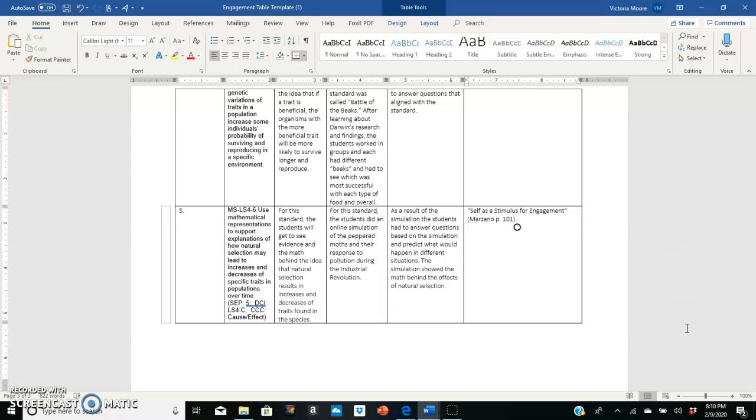So the students did an online simulation of the peppered moths during the Industrial Revolution in Europe, and as a result of the simulation, the students had to answer questions and predict what would happen in different situations. If there were no predators, would the moths change colors? Would the colors of the population of moths change depending, and all this stuff.